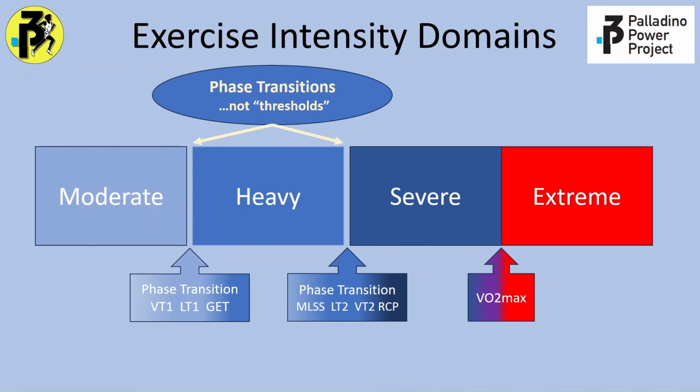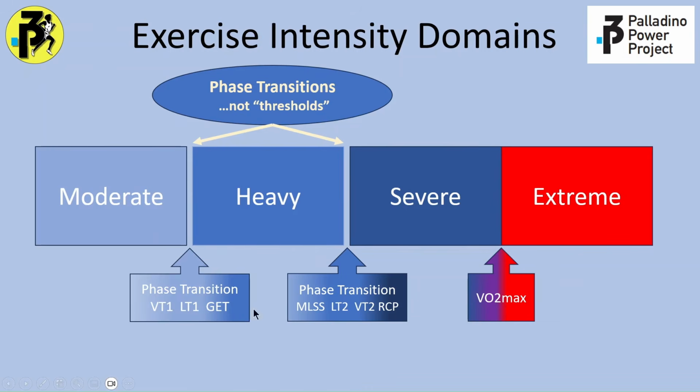The concept of a threshold where over here you're at moderate and over here you're in heavy, and there are completely different physiologic responses, that's not how it works. There aren't any thresholds of that nature in these exercise domains. So phase transition instead of threshold is the terminology I prefer.